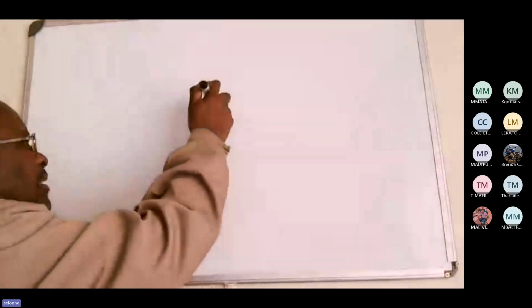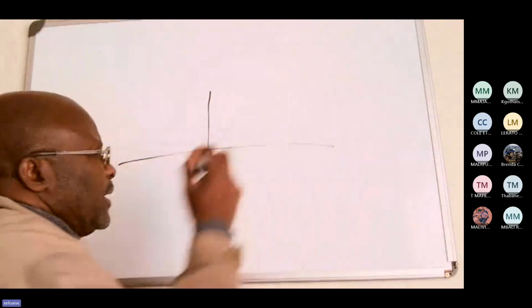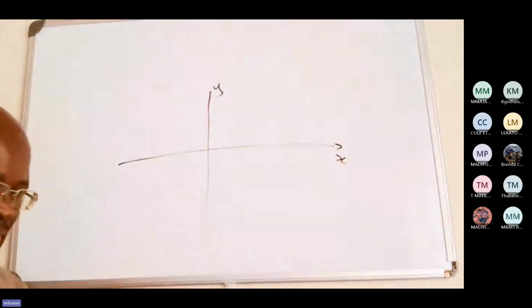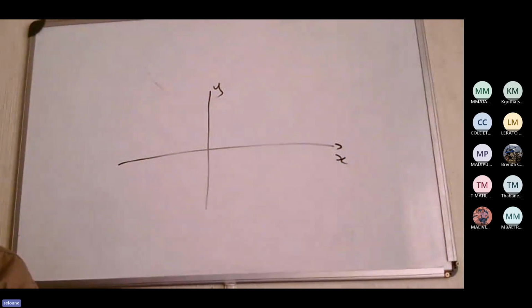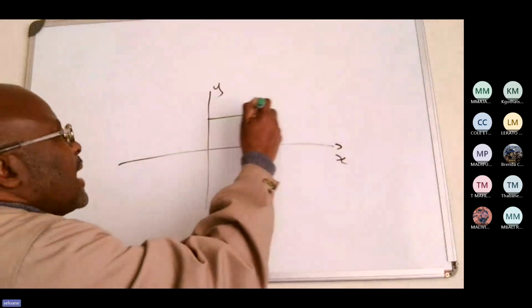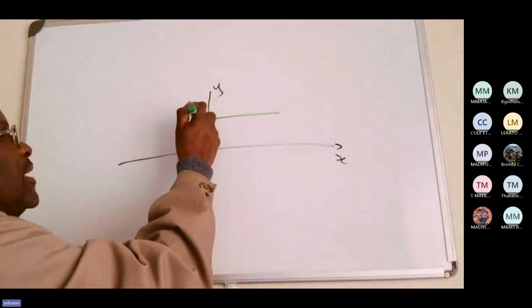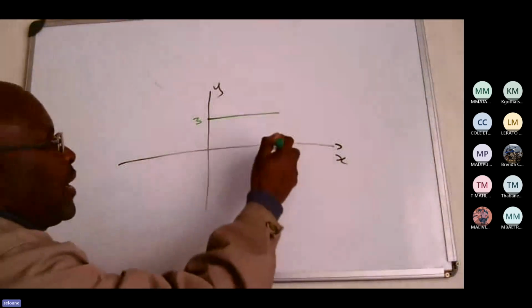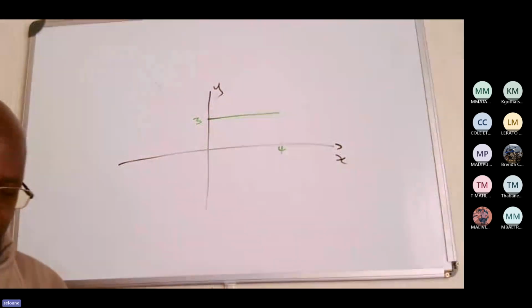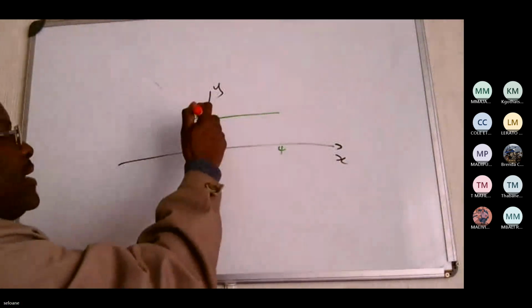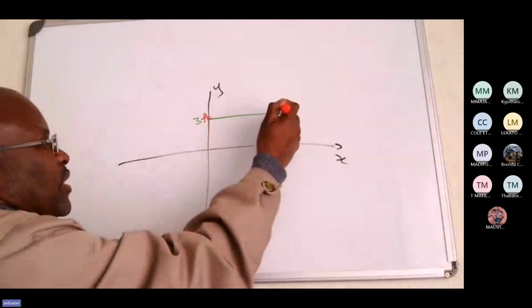Let's say you have got this, your Cartesian plane. This is the x-axis, this is the y-axis. Then from there you have got this line segment. Say this is straight, and somewhere here is 4. And say this is A here, and this is B.